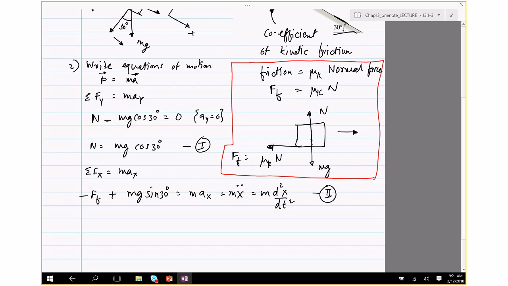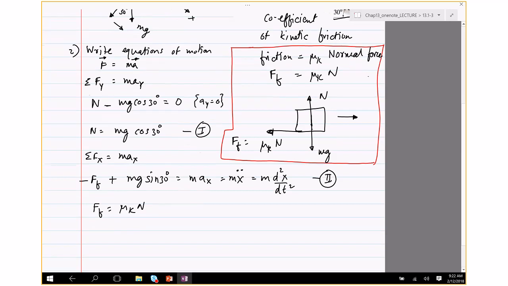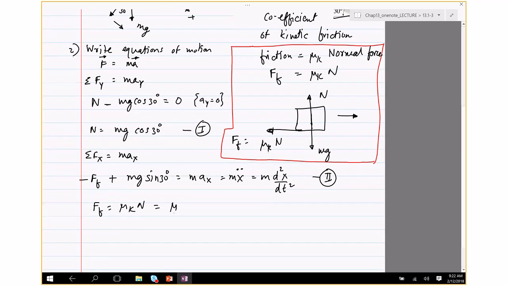So I need to get rid of friction force. So FF is mu k N, which from this equation here is mu k mg cosine 30 degrees. Let's call this 3.